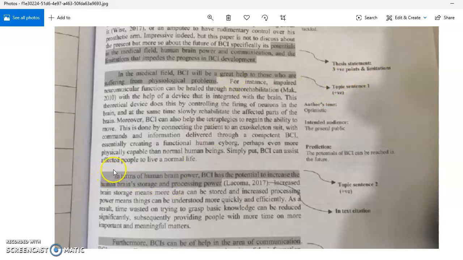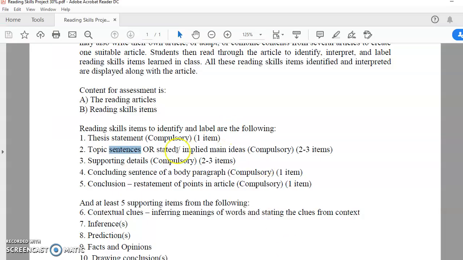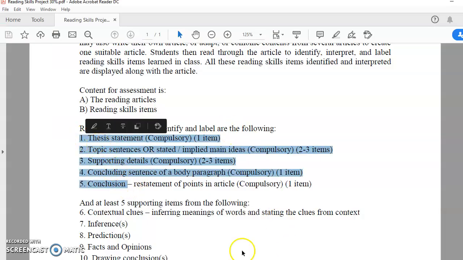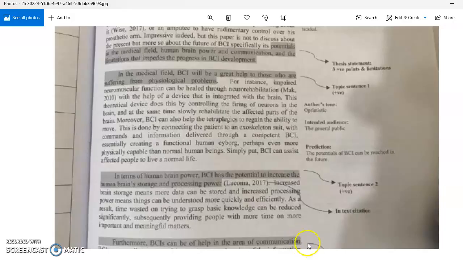Another example is the second topic sentence, and then you have to highlight them, put a label, and explicitly indicate that this is the second topic sentence. I believe all these 5 items you could highlight in the paragraphs of your essay, put a label, and elaborate what it is, whether it is a thesis statement or topic sentences.